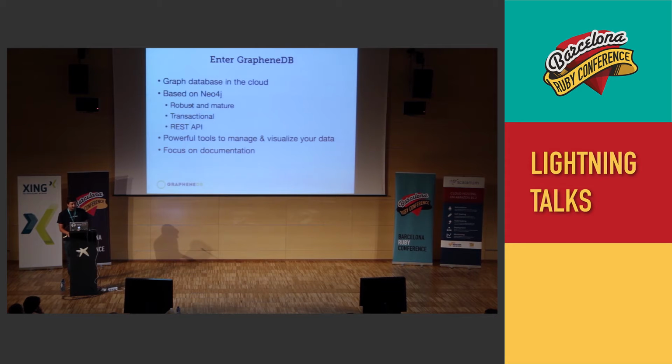It's got a REST API with lots of clients for different languages and platforms. And on top of what Neo4j offers, we want to offer powerful tools to manage and visualize your data, and provide a lot of documentation on how you can use graph databases for your applications, and examples for different languages.